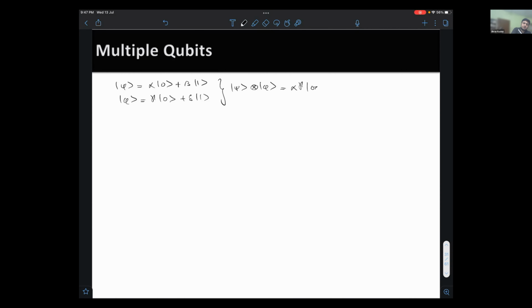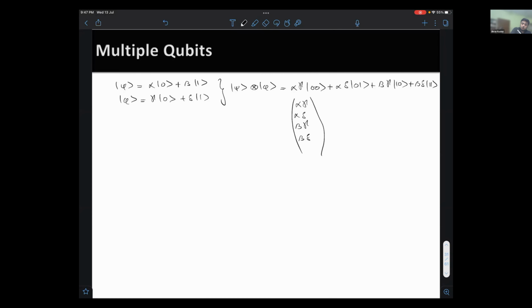I'll have alpha gamma |00> plus alpha delta |01> plus beta gamma |10> plus beta delta |11>. And you can again think of this as just how we wrote down the tensor product last time. This is the alpha gamma component, this is the alpha delta component, this is the beta gamma component, and this is beta delta.